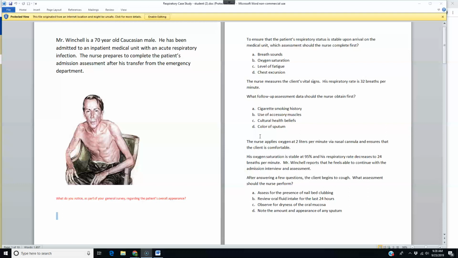Many of these patients with their history of COPD, along with the infection that's present, will have sputum issues.